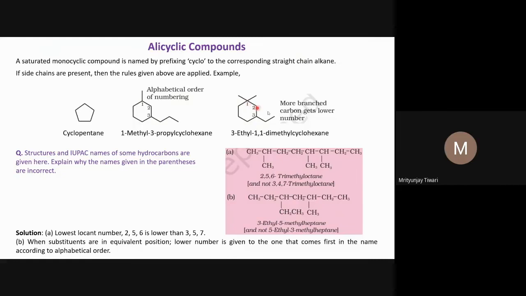But in this case, the more branched carbon gets the lower number. So 1, 2, 3. This is 3 ethyl, and in the naming we write the ethyl group first: 3 ethyl 1,1 dimethyl cyclohexane. This way one can write the IUPAC name of all alicyclic compounds having only one ring, or one cycle, in them.